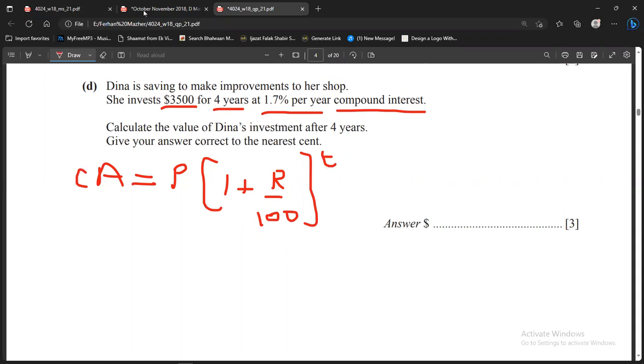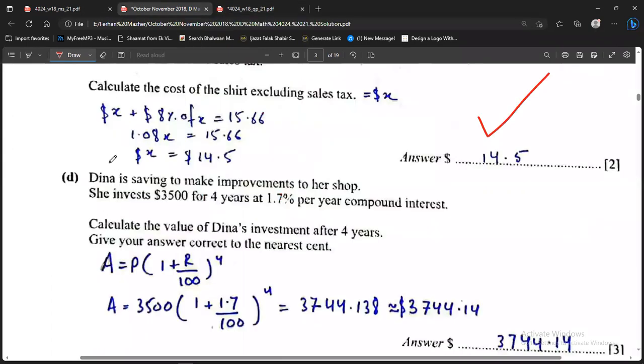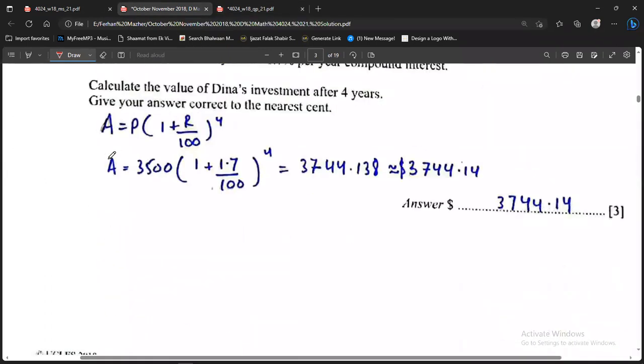So you will find how much the compounded amount is. Here we have A equals P bracket start 1 plus R divided by 100 bracket close raised to power 4. Raised to power N or T.